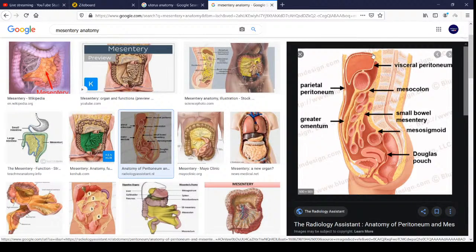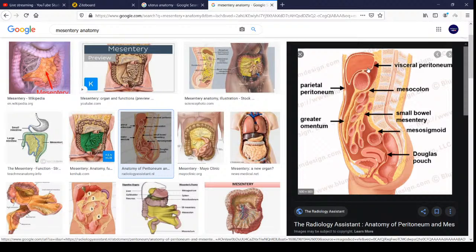This is known as parietal peritoneum. This is known as visceral peritoneum. These are not two different peritoneums as your teacher might have told you in class 11. I have heard stories that parietal peritoneum is different, visceral peritoneum is different, and then there is peritoneal fluid. These are not different things. You can see here this is the parietal peritoneum.